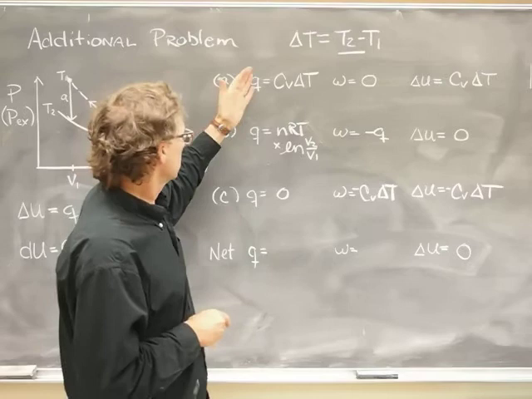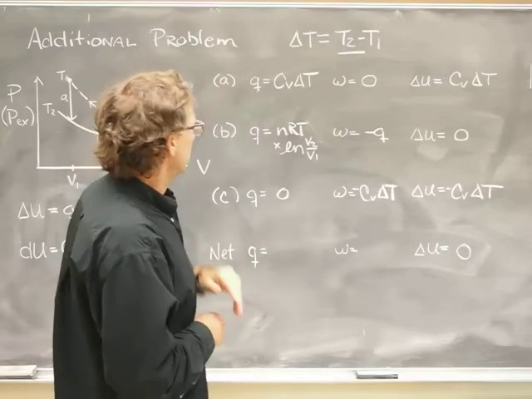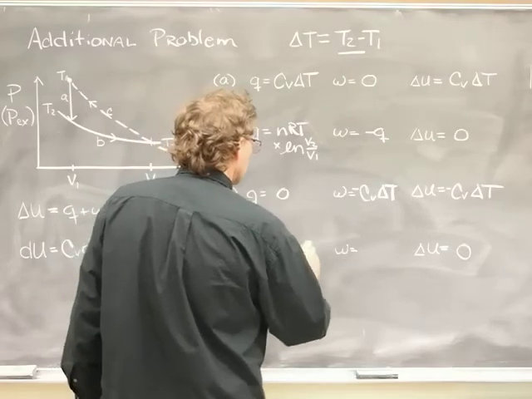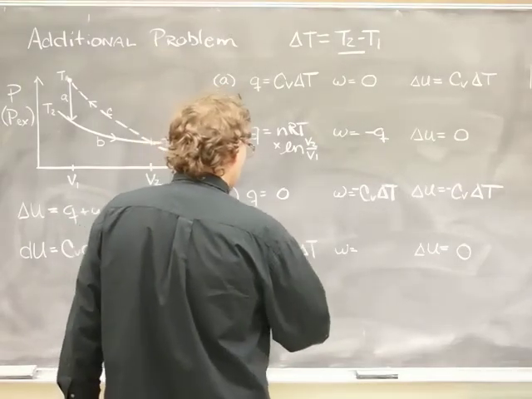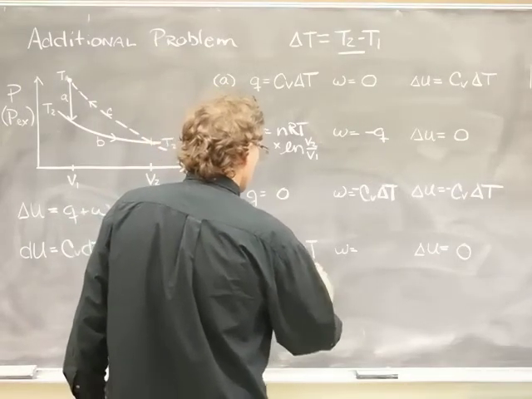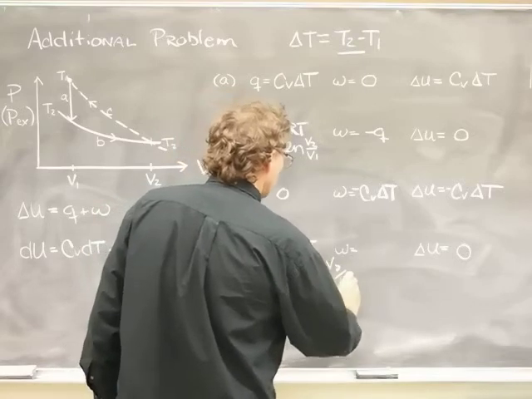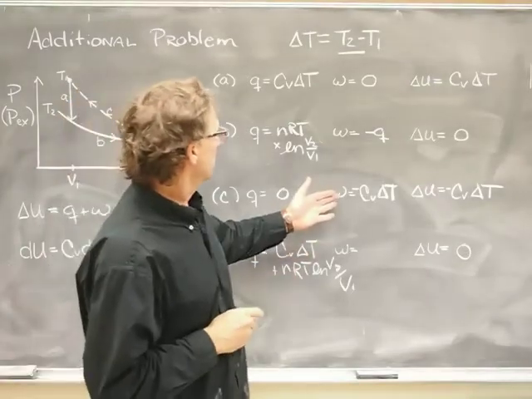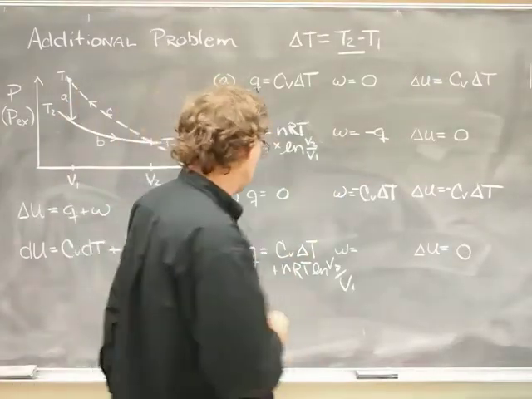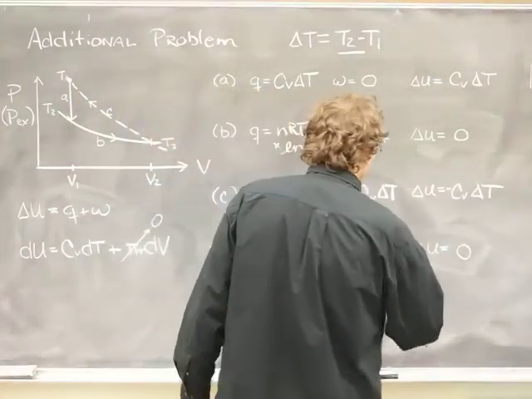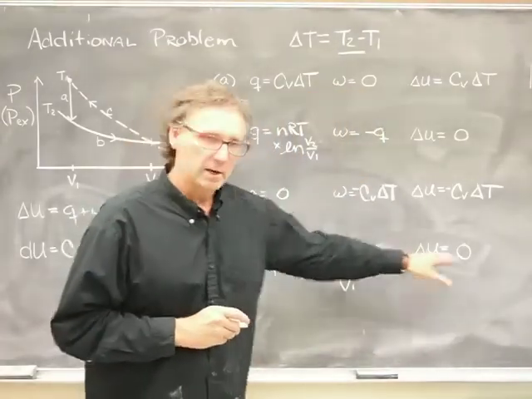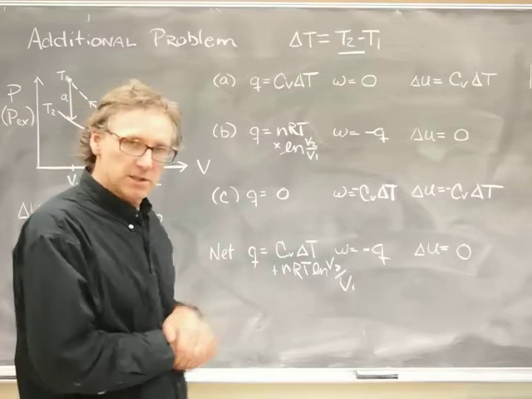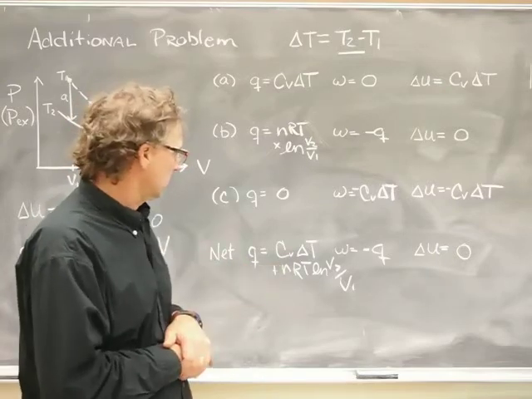Well, that's going to be the sum of these two terms, CV delta T plus nRT log V2 over V1. And we see that this is just the negative of the work. I'm just going to write this as minus W, but of course, that would have to have been anyway because delta U is 0. And so there we have all the math that's associated with it.